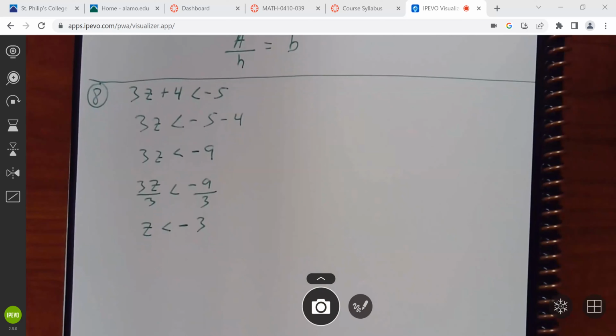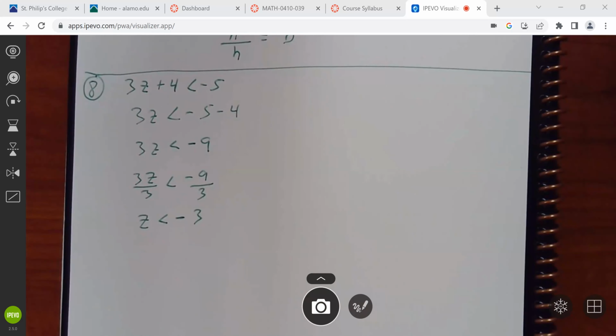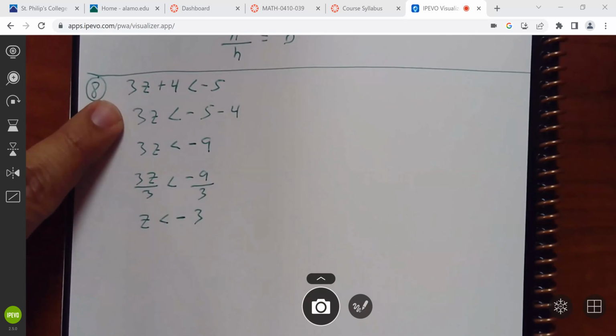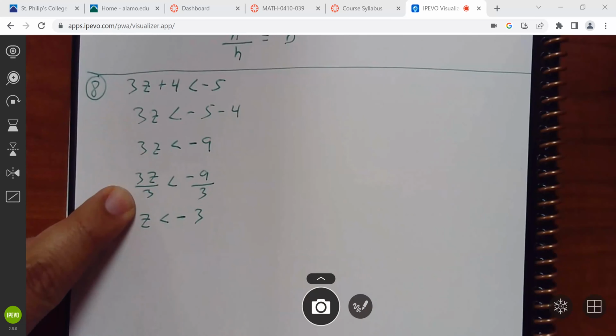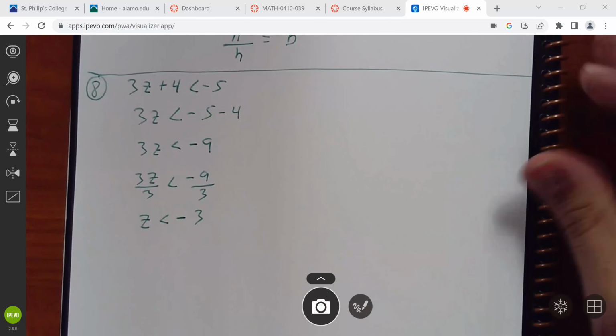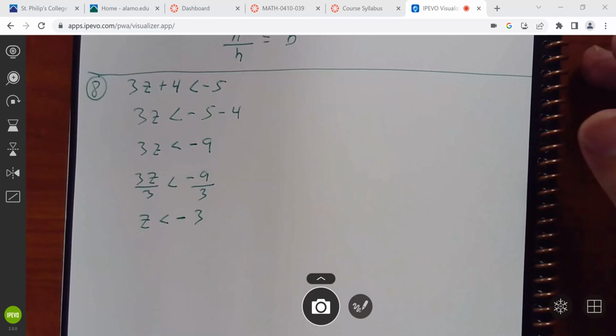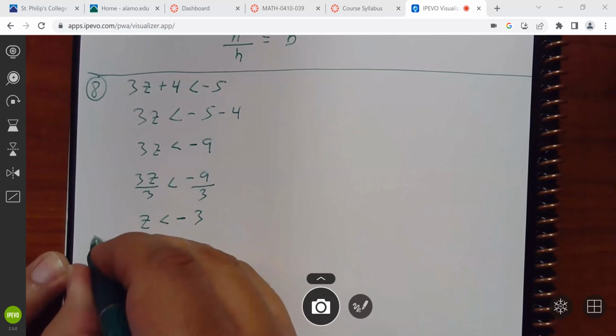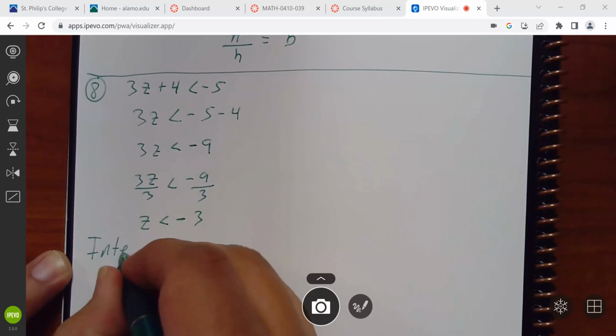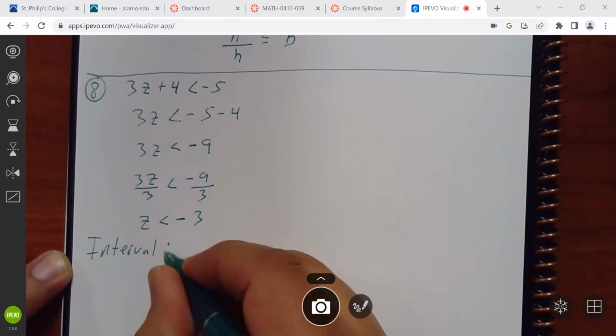What's the interval? It's which only if we divide by a negative. We divide it by, so we're good. Yeah, always keep an eye on it though. What is the interval?